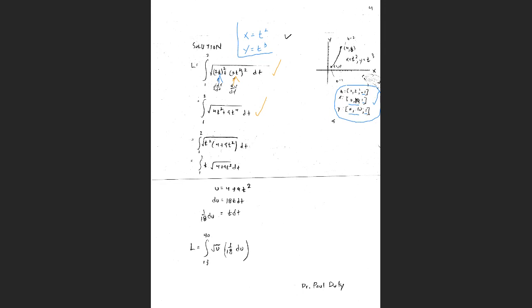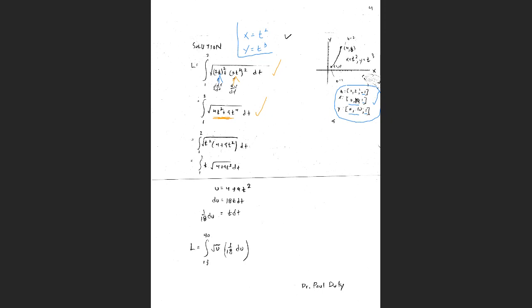Now the question is, how do we integrate this? It is amazing to me how difficult a time students have with this integral over the years. This is a very famous problem. I see a 4t squared and I see a 9t to the 4th.